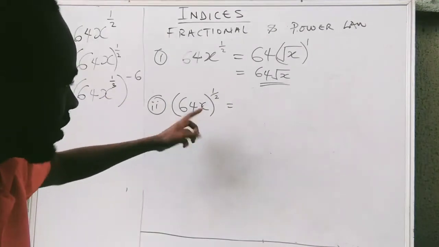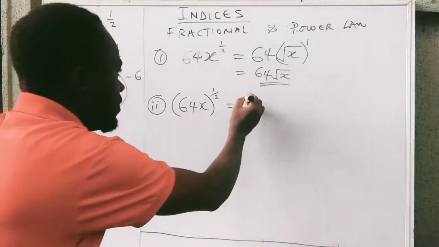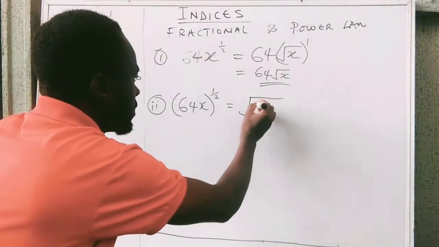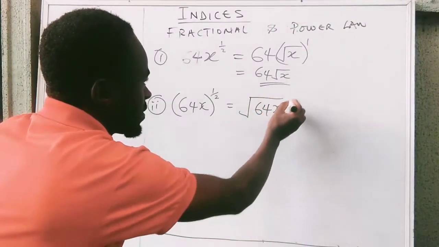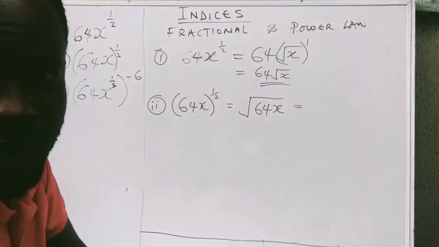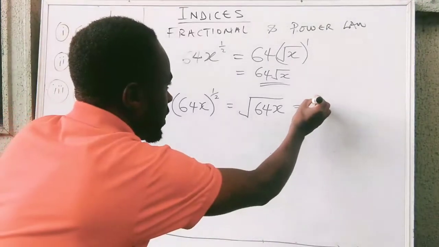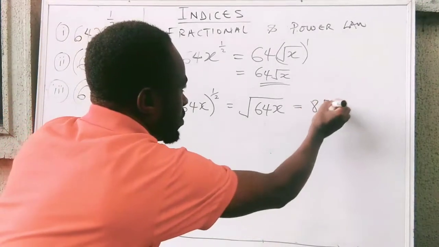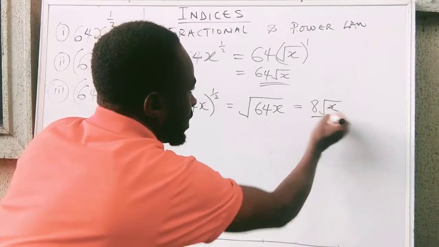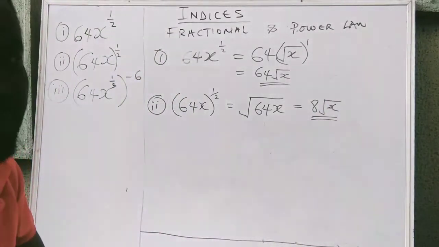So for this second one, it will affect both. So this is going to give us root 64, and the square root of 64 is 8, and the square root of x, as usual, cannot be expressed.